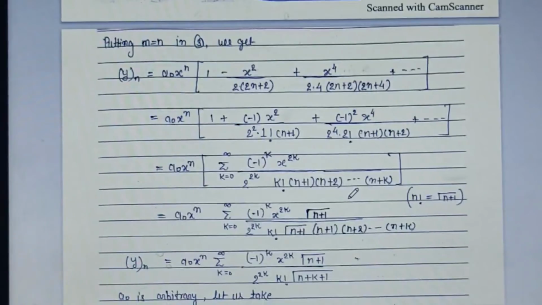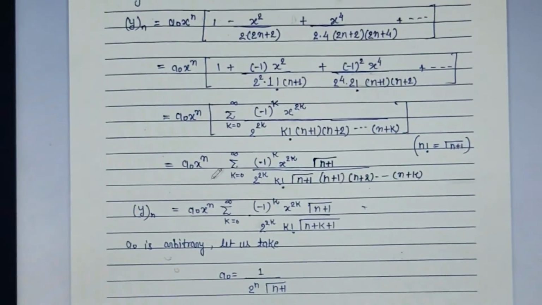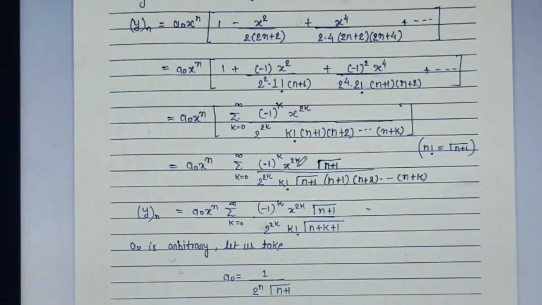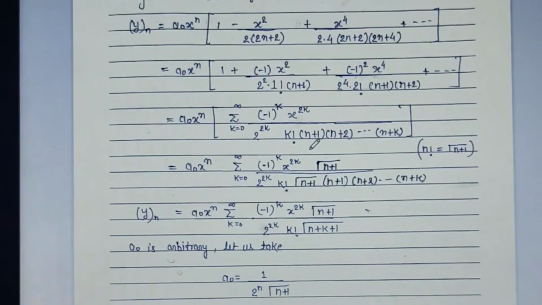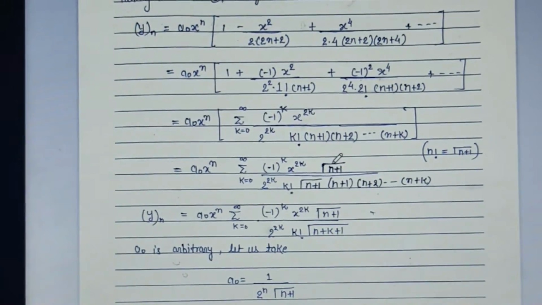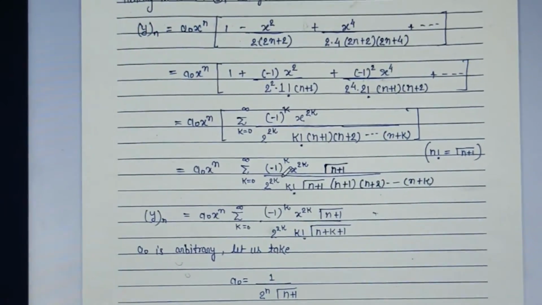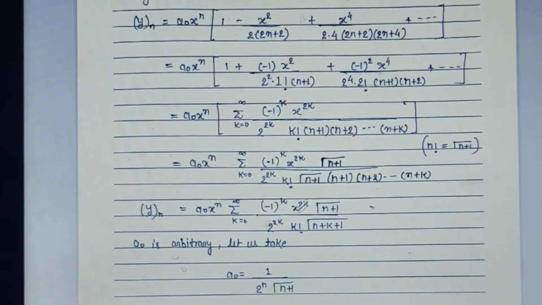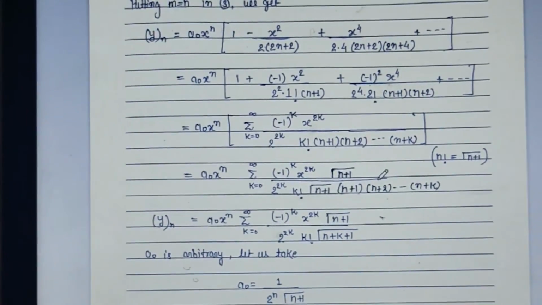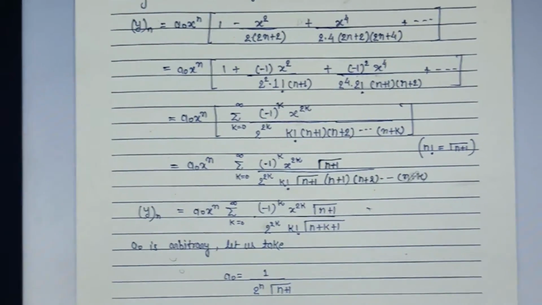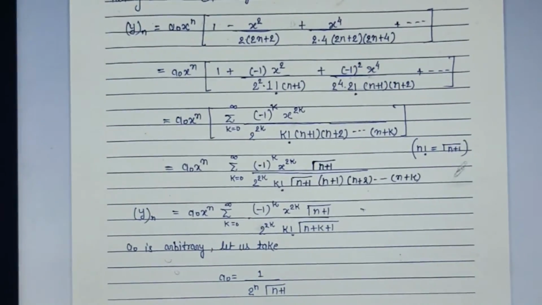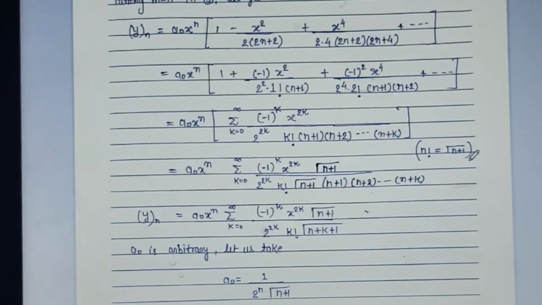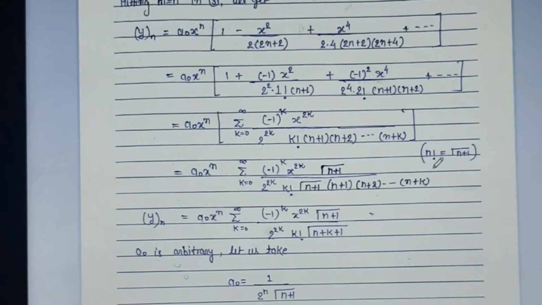On further evaluating, we will finally get a0 x^n times the summation of k = 0 to infinity of (-1)^k x^(2k) n! divided by 2^(2k) k! (n+1)(n+2)...(n+k), where n! is equal to gamma of n plus 1.